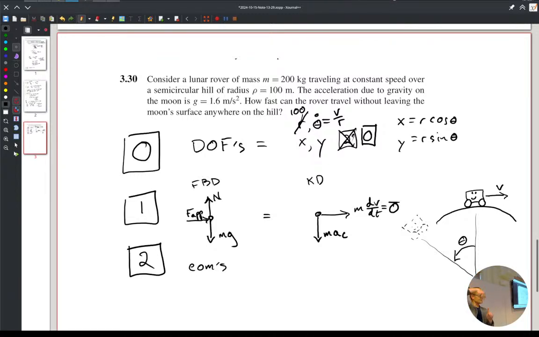Gravity is trying to hold us on the curve. Normal force is not helping anybody, it's trying to push us off the curve. What is centripetal acceleration? That's v squared over r.